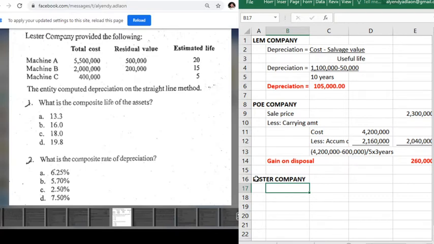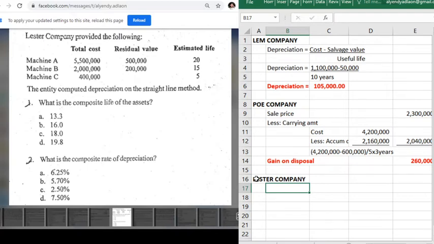Okay. Now class, the composite method is used when there are different machines or different assets in each type of asset. So let's say for example, in this example, there are three machines, but they all fall under machineries.